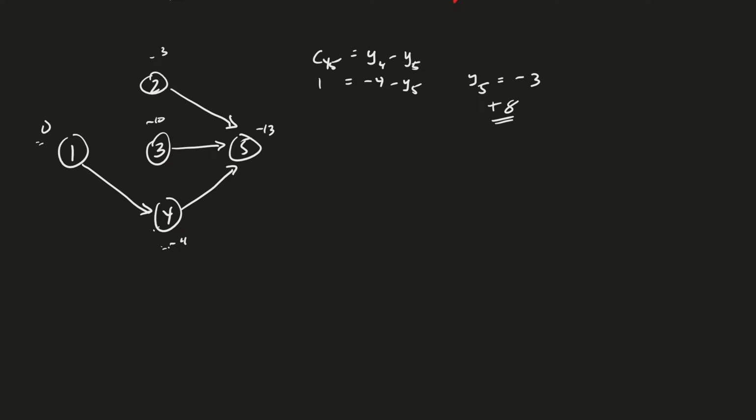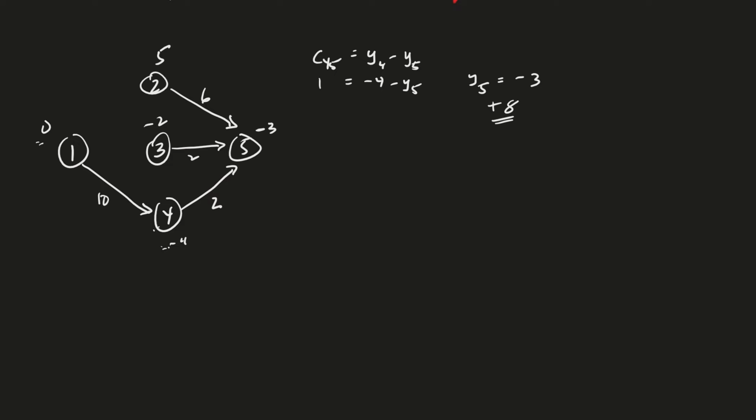Okay, so if this increased by 8 to get to minus 3, then these others increase by 8 as well. So this minus 3 becomes 5, and you can double check that, and this minus 10 becomes minus 2. And I see I forgot to put my flow values in here: 10, 2, 2, and 6.